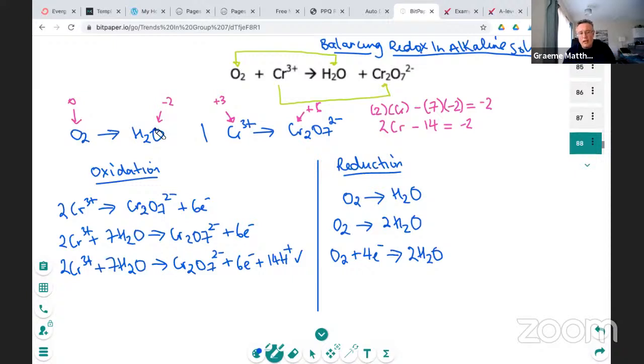So if you've got 2 oxygens, it's going to be 4 electrons for this entire reaction. Let's see, atoms balance, oxidation state. So now what I need to do is put the hydrogens in, and let's say I've got 4 hydrogens on the left-hand side, like so.